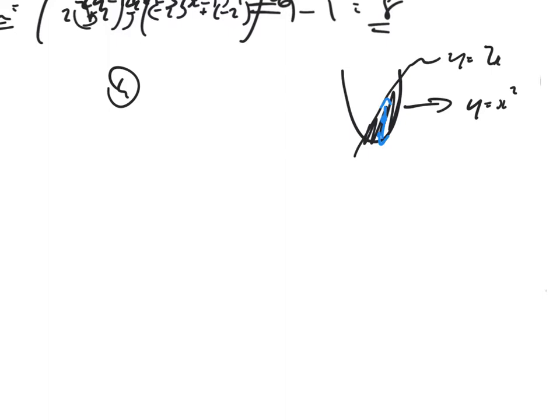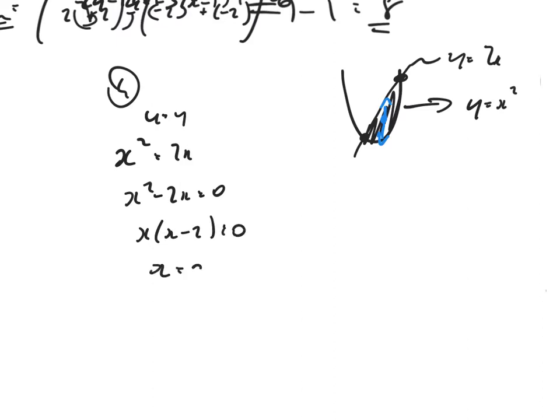Okay, the first thing that I need to do is to get the limits, so I'm going to make y equal to y, x squared equals 2x, x squared minus 2x is equal to 0, x bracket x minus 2 is equal to 0, x equals 0 and x equals 2.